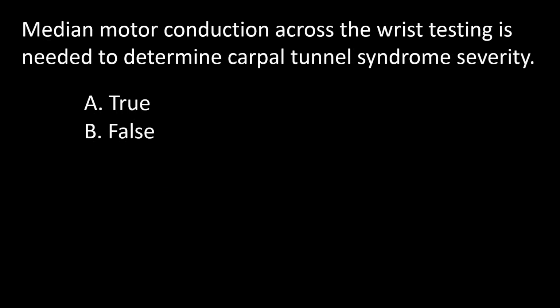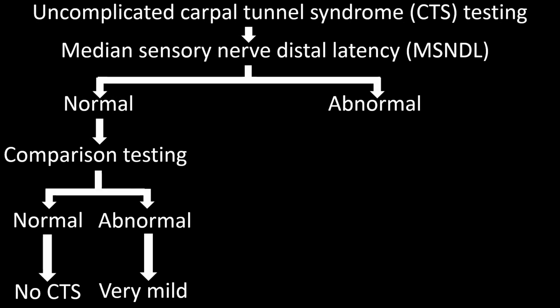Next question. Median motor conduction across the wrist testing is needed to determine carpal tunnel syndrome severity. A true, B false. As we previously mentioned, the presence of a normal median sensory nerve distal latency and two normal comparison tests establish the absence of electrodiagnostic carpal tunnel syndrome.